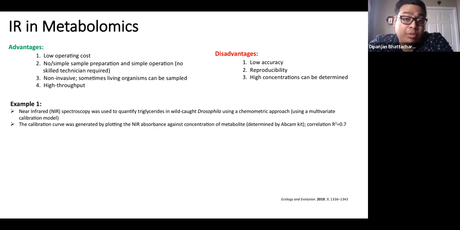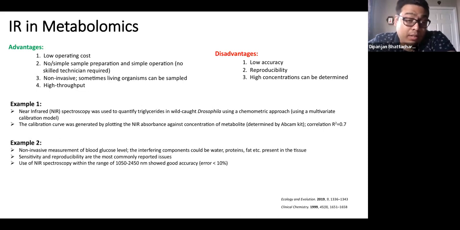They generated the calibration curve by plotting the IR absorbances against the actual concentration of the metabolite. For determination of the actual concentration, they used an Abcam kit. But unfortunately, they reported a correlation of actual versus observed of only up to 0.7. So it's not really a great example.